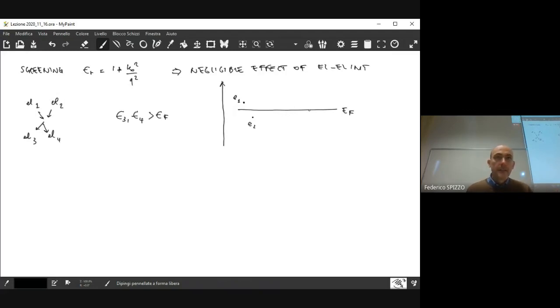Just a comment: the fact that no empty levels can be found below EF is a consequence of the hypothesis that I'm working at T equal to 0. So the occupancy is 1 up to EF, and then the occupancy drops to 0. That's why I assume that I have no free levels below EF.